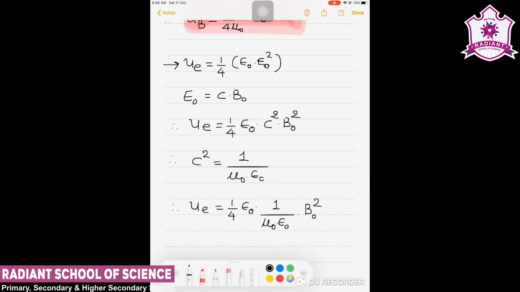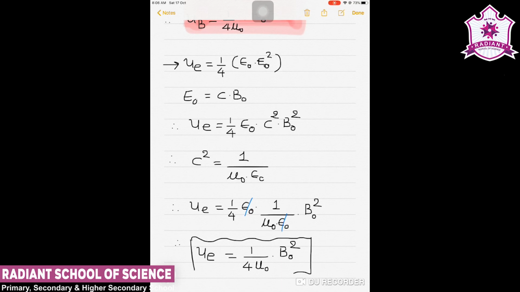In the same way, we can cancel out both epsilon 0, and if we simplify the equation, we get that UE is equal to 1 upon 4 mu 0 into B0 square.